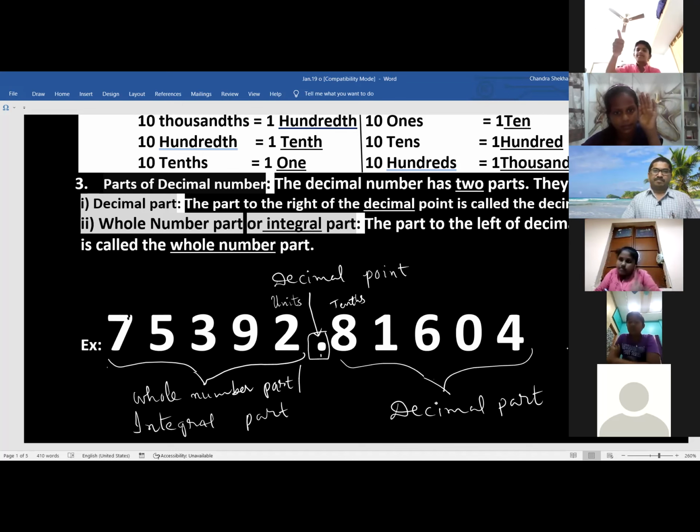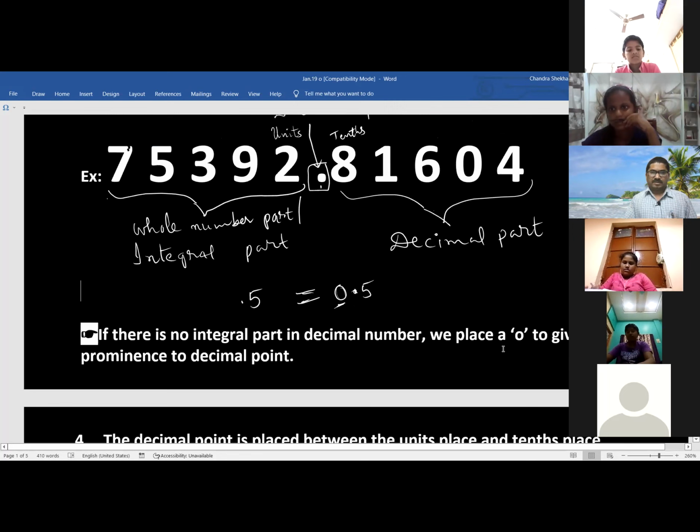Yes, sir. Tanvi. Sir, if we take the example 0.5, sir, that 0 also will have no value, sir. So 0.5 means 0.5.